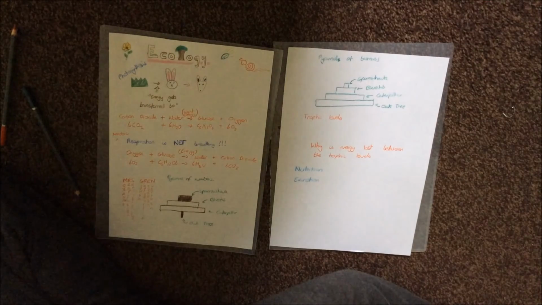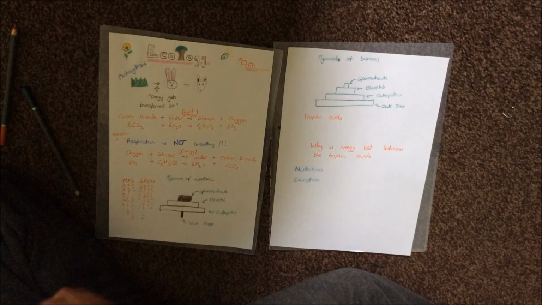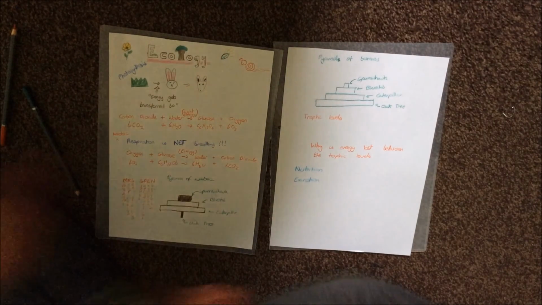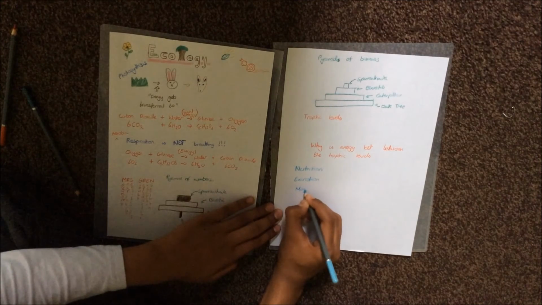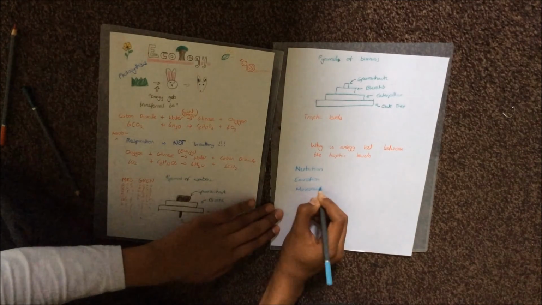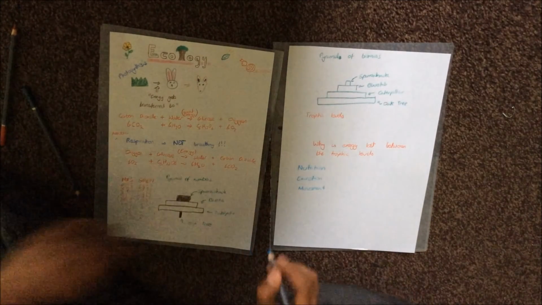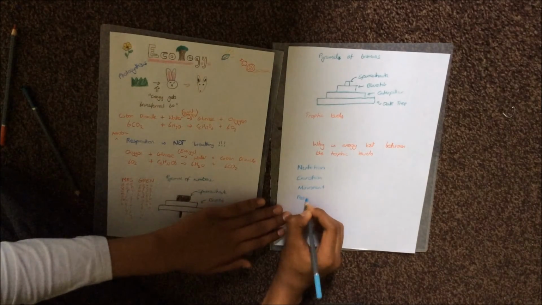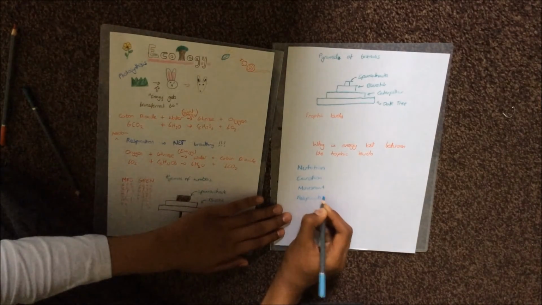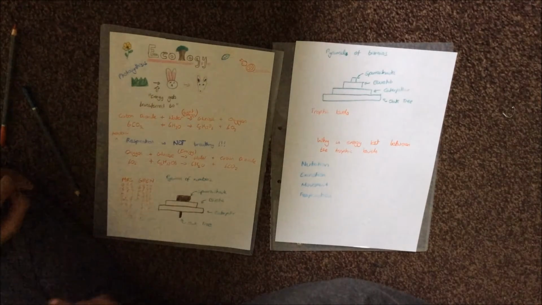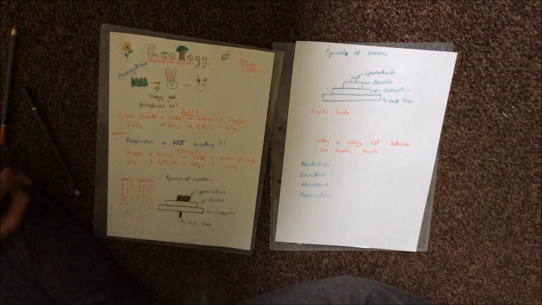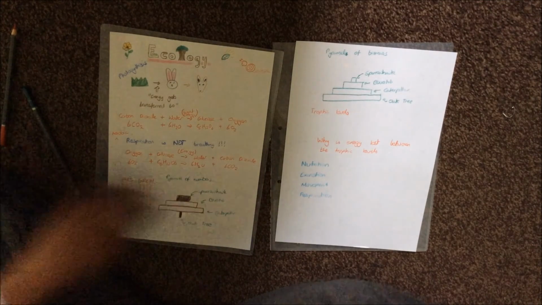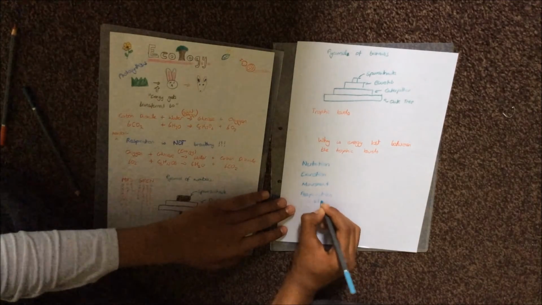Then we have movement. A rabbit uses some of its energy to move. We've already covered that it also uses some of its energy to respire, so respiration. And it uses some of its energy to stay warm. That does go under respiration, but we'll say warmth.